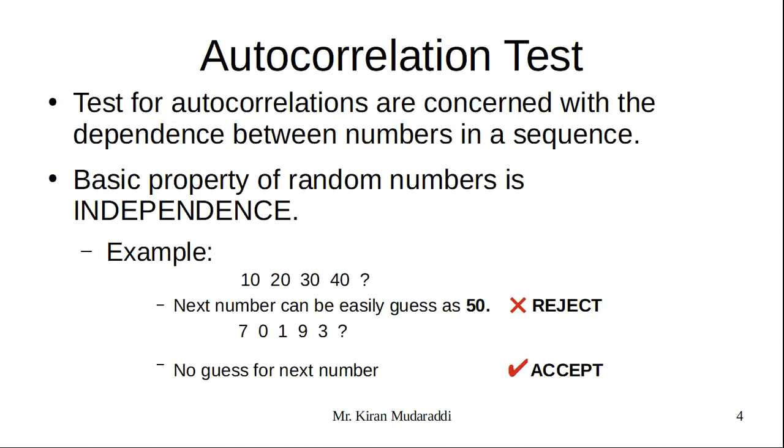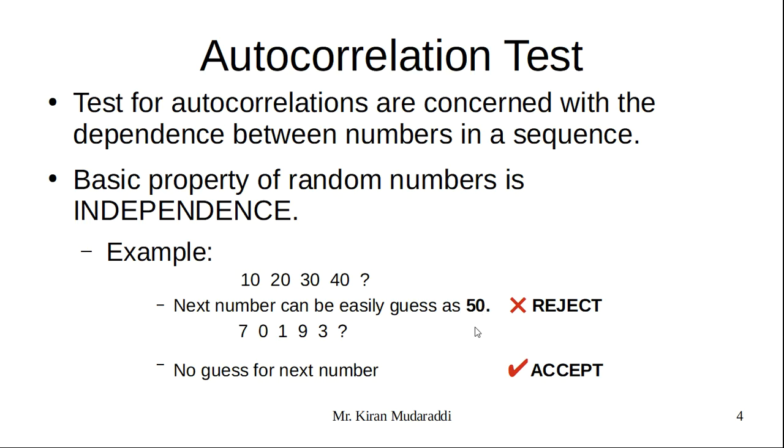The autocorrelation test is concerned with the dependence between the numbers in a sequence. For example, if random numbers are generated with the help of the linear congruential method or combined linear congruential method, and the numbers are like 10, 20, 30, 40, you can easily guess the next number as 50.